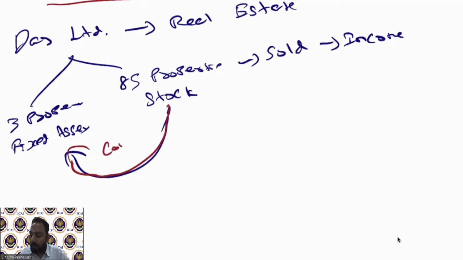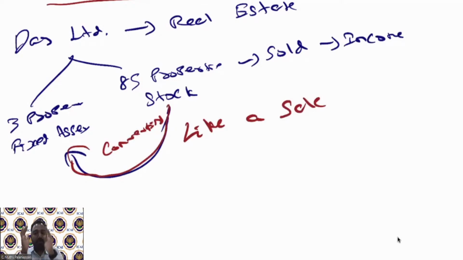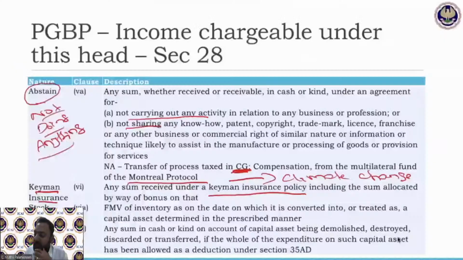So what are they doing? They are converting the stock into a fixed asset. Now this is like a sale. Please remember, this is something like a sale, so this must be recognized as an income, correct? How do you value this particular stock? That's what is defined here. It says fair market value of inventory.